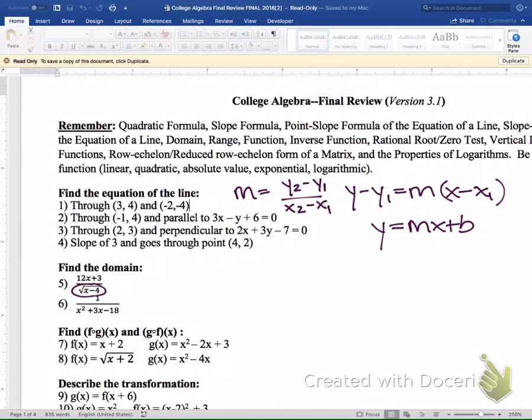So the way we found the domain on this one is that we set what was underneath the square root as greater than or equal to 0, or is it just greater than 0 in this case? You can't divide by 0. And in this case, you can't square root a negative, so you're just going to do greater than 0 there.